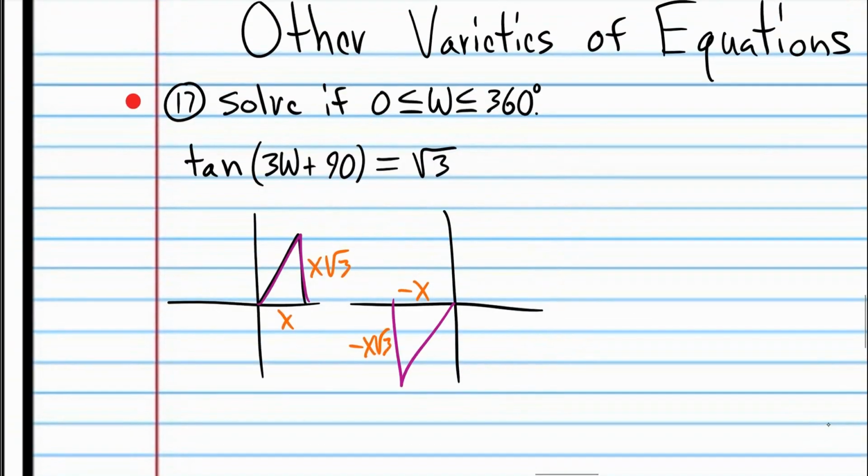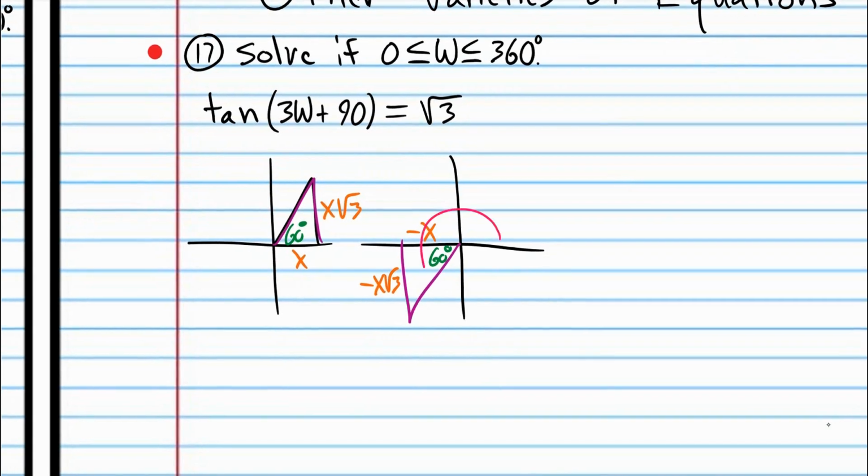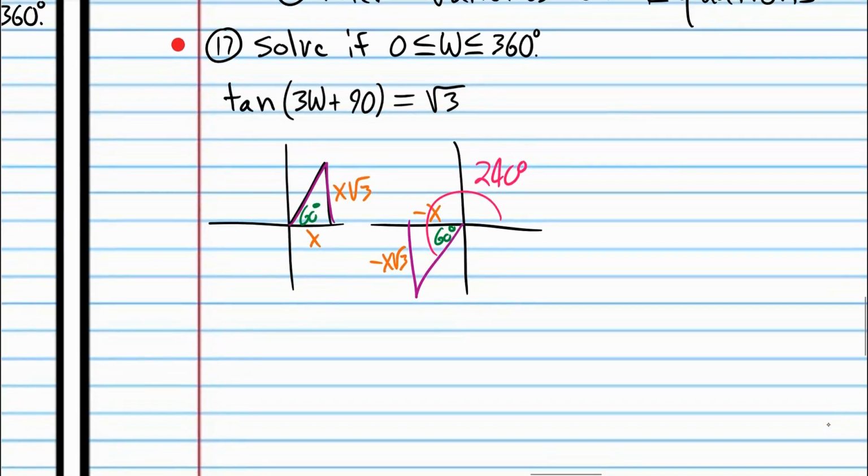So the angle opposite root 3 is always 60, so our reference angles are 60 degrees. So one solution is 60 and the other is 240 degrees. So what that means is that 3 omega plus 90 is equal to 60 degrees or 240 degrees.